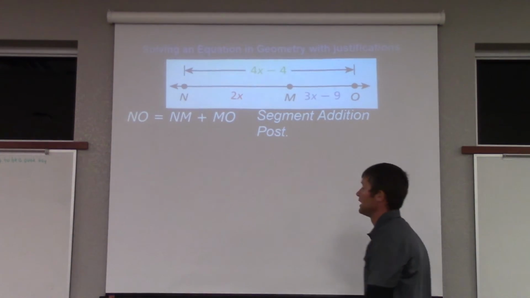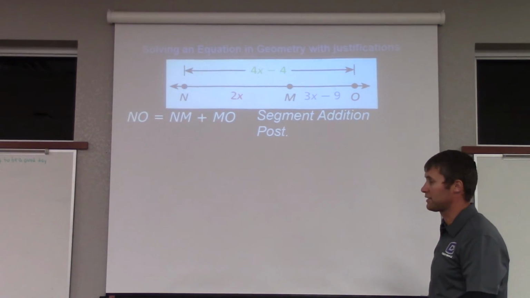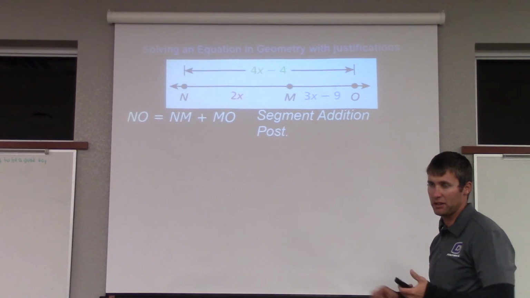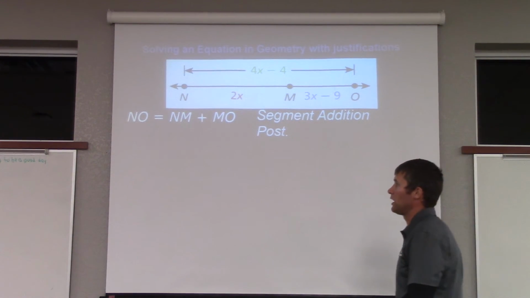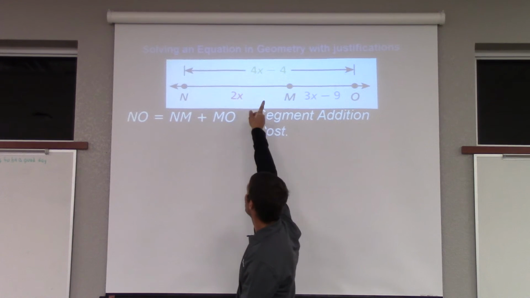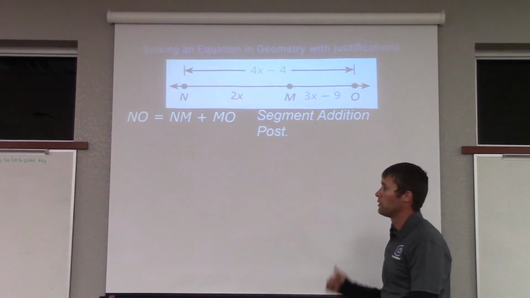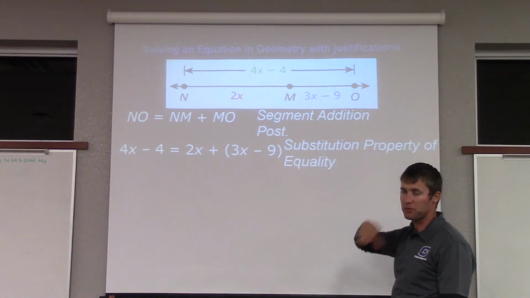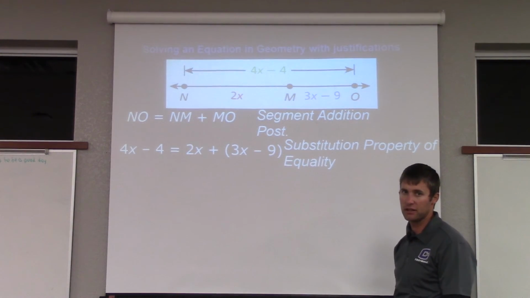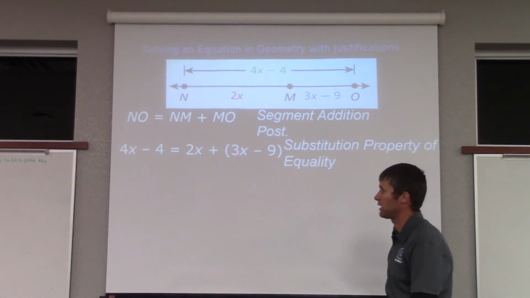What do we call that? Segment addition postulate. Now we look at it. What does NO actually equal? It equals 4x minus 4. And NM equals 2x. So what we're doing is substituting the actual values in. And now we can go ahead and solve this algebraically.